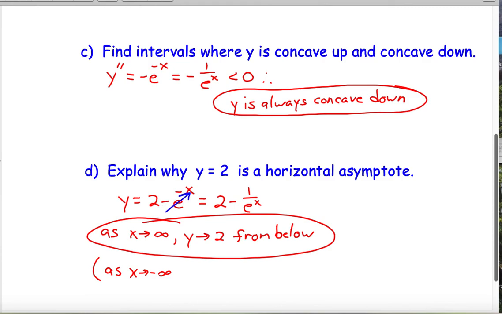If I plug in negative 1,000, this becomes e to the positive 1,000, which is even bigger. 2 minus that is an even bigger negative number. So as x approaches negative infinity, y is also approaching negative infinity. So there's no horizontal asymptote as x goes further out to the left. The function is going down farther and farther and farther.